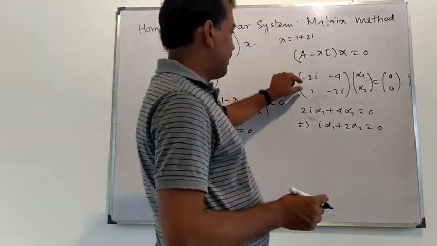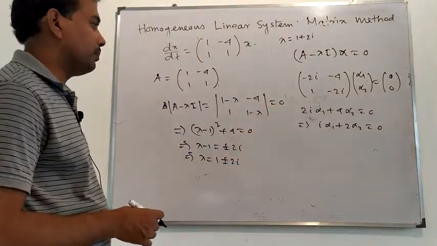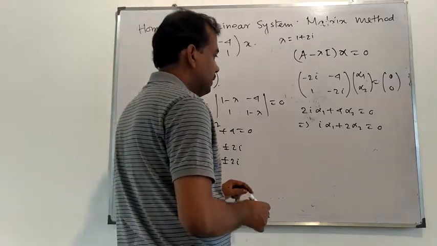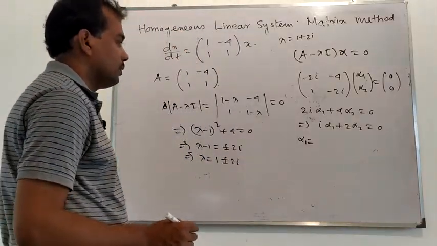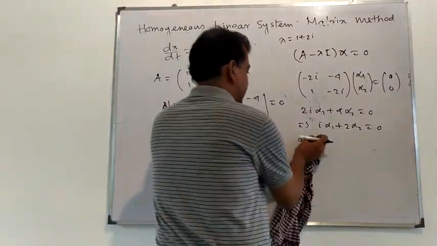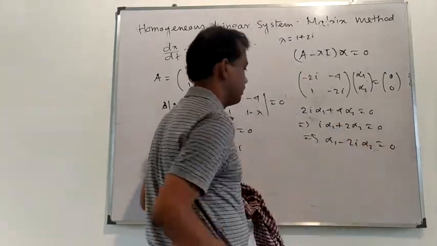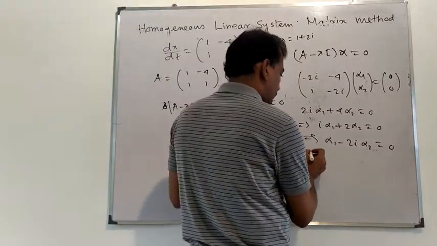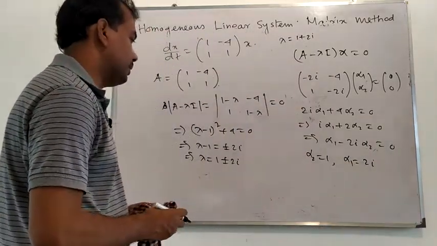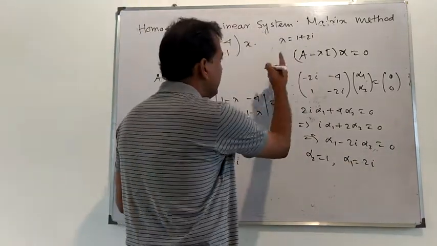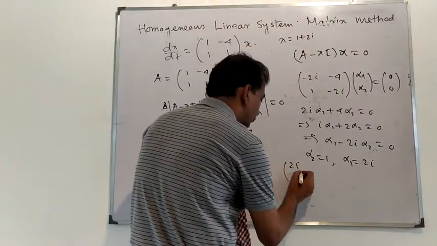From the second row we also get the same equation. Cancelling i, we get alpha 1 minus 2i alpha 2 equal to 0. If we take alpha 2 equal to 1, then alpha 1 is equal to 2i. So the eigenvector corresponding to lambda equal to 1 plus 2i is (2i, 1).